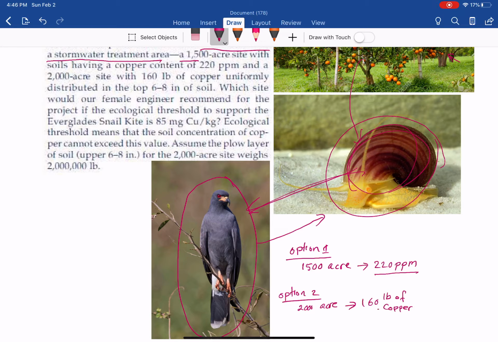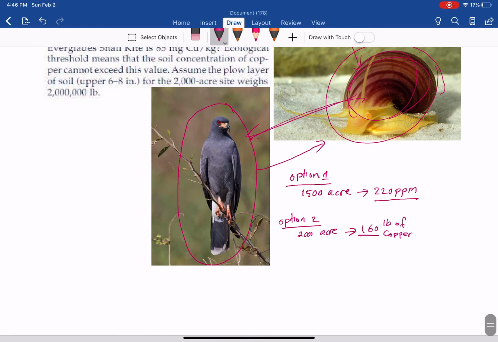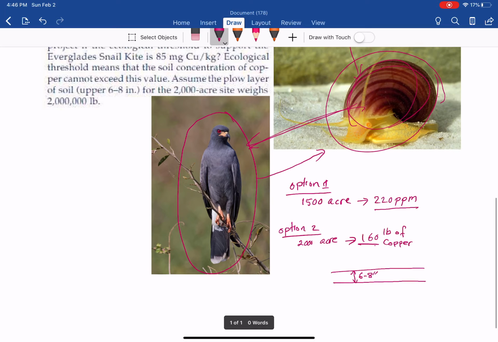And this 160 pounds of copper is uniformly distributed in the top 6 to 8 inches of soil. So this is the soil, 6 to 8 inches, and 160 pounds of copper is uniformly distributed throughout.